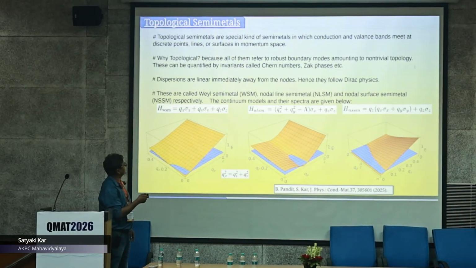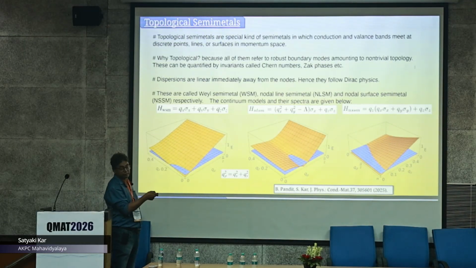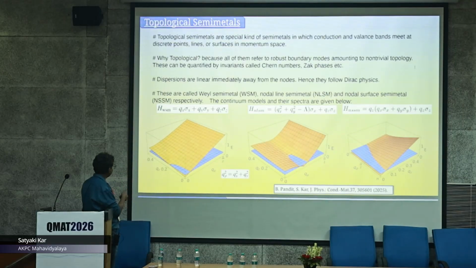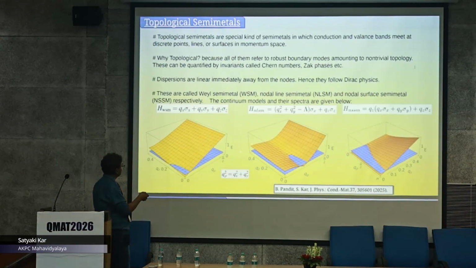And I have just shown some typical Hamiltonians of these three kinds: Weyl semi-metal, nodal line semi-metals, and nodal surface semi-metals, where this is Qz, and this is Q rho, which is the square root of Qx squared plus Qy squared. If you give a plot like that, this orange one is the dispersion spectra, and this blue one is a constant energy surface.